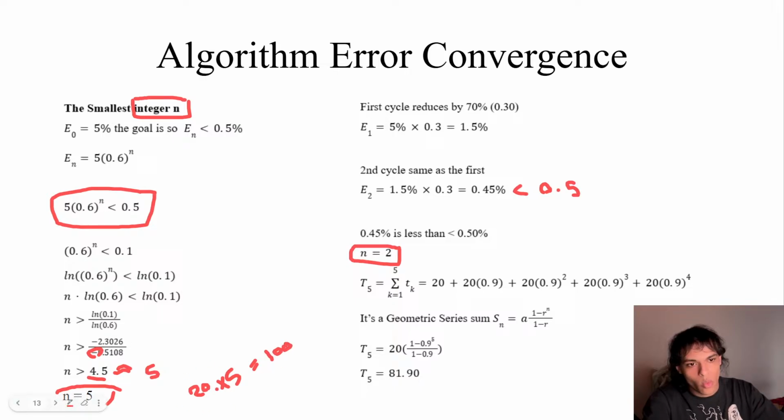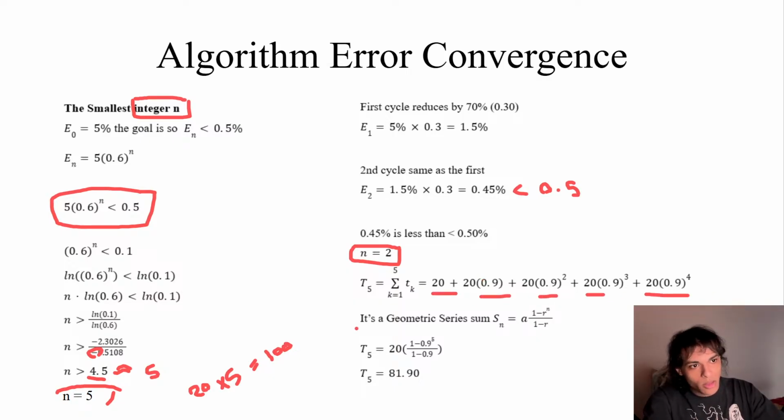But at each cycle, we decrease the 20 by 10%, so this is going to be 100 minus 10, which is 90%. So we multiply the 20 by 90%, as we represented here. And we put 5 cycles: the first, second, third, fourth, fifth.